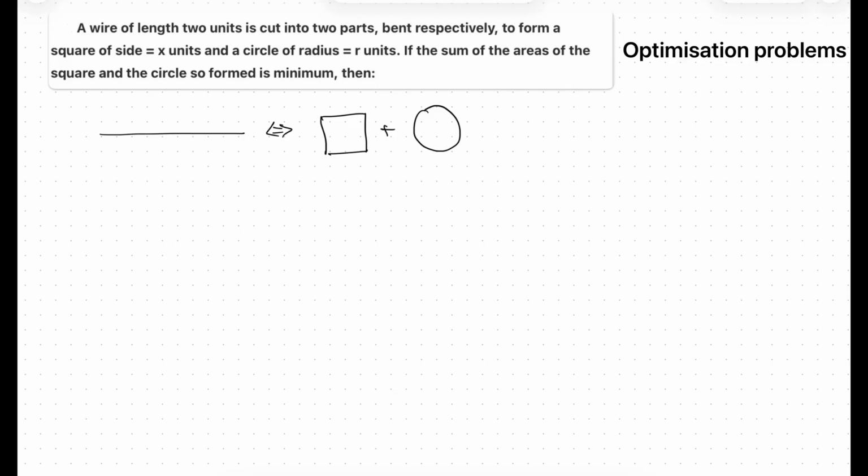Usually when you solve these kinds of problems, you'll always be given something that has to be optimized. What do we mean by optimization? We should either minimize something or maximize something. For example, in business, when it comes to profit or loss, we always like to maximize the profit and minimize the loss.